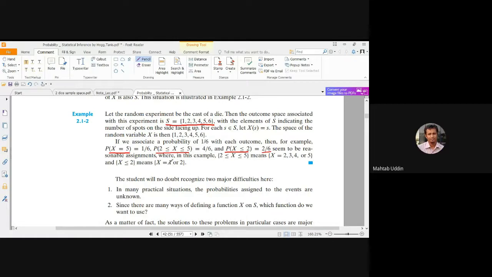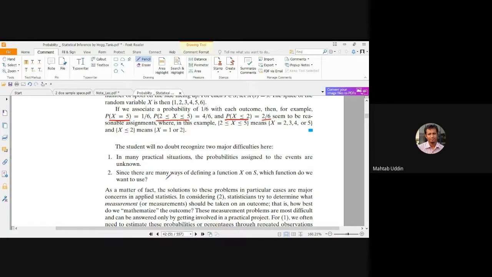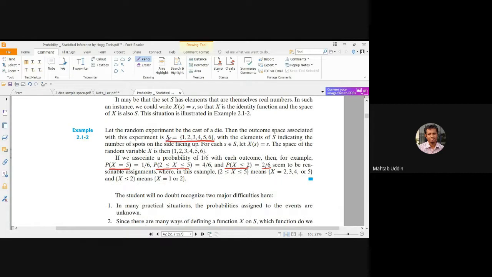You can see, according to the requirement, the probability is changing. In the first case, we need only 5, so probability is 1 by 6. In the second case, we have in our favor 2 to 5, so 4 outcomes, 4 by 6, then 2 outcomes, 2 by 6. So in the same sample space with the same probabilities, according to the requirement, the probabilities are changing.